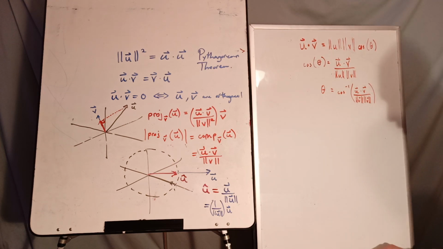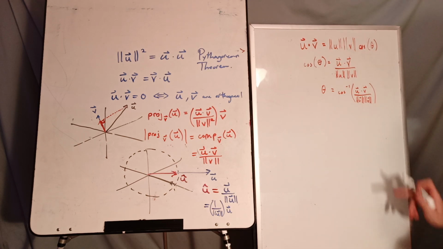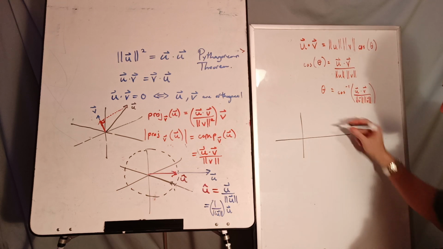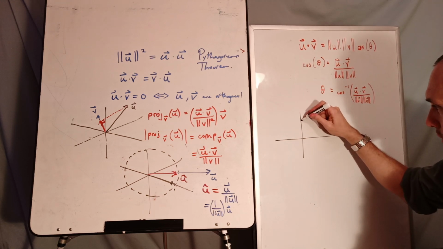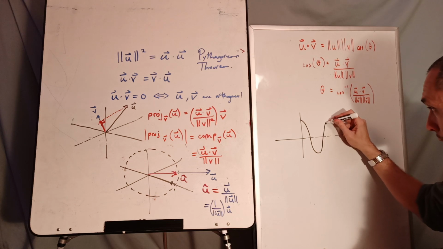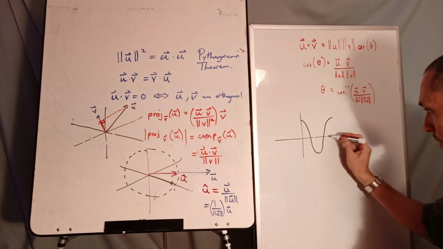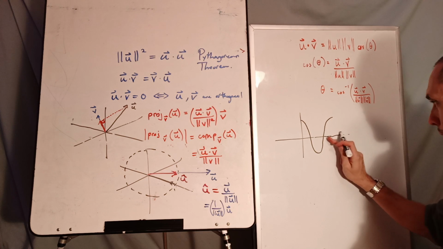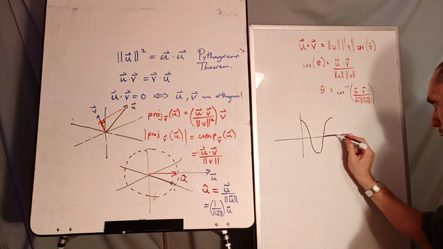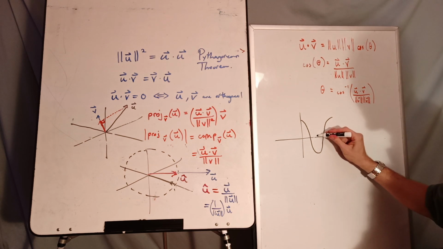So before I actually do the example, let me talk a little bit about what I just said. If you know cosine, what does cosine look like? It starts at 1, dips down, comes back up. Where does it do these things? Well, it repeats at 2 pi or 360 degrees. It goes all the way down here at 180.